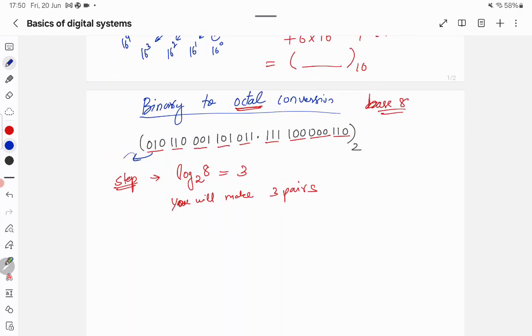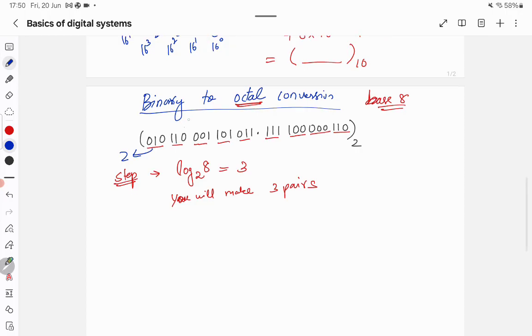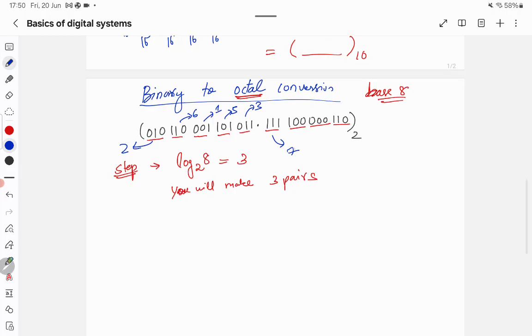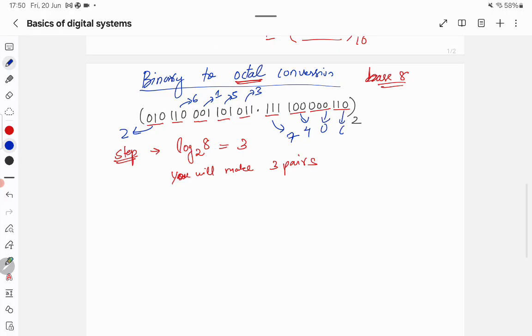So this is 2, this one will be 6. You look at the table, then this one will be 5, this one is 3. 1 1 1 is how much? 7. And this one is 4. Obviously 0 0 0 is 0, and this is 6.